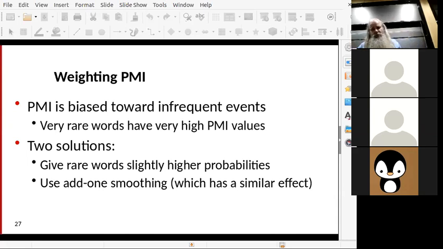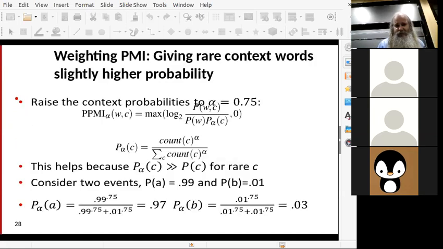And if you remember from the lecture on smoothing, more than two weeks ago, we talked about add-one smoothing, Laplacian smoothing, okay? That boosts rare words a little and gives slightly higher probabilities. And that actually can help us. So what we can do is give rare words slightly higher probabilities than low probabilities. And that smooths the pointwise mutual information a little better.